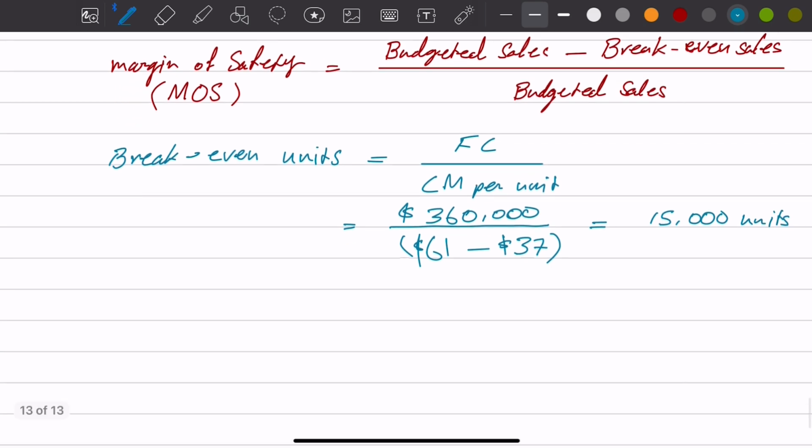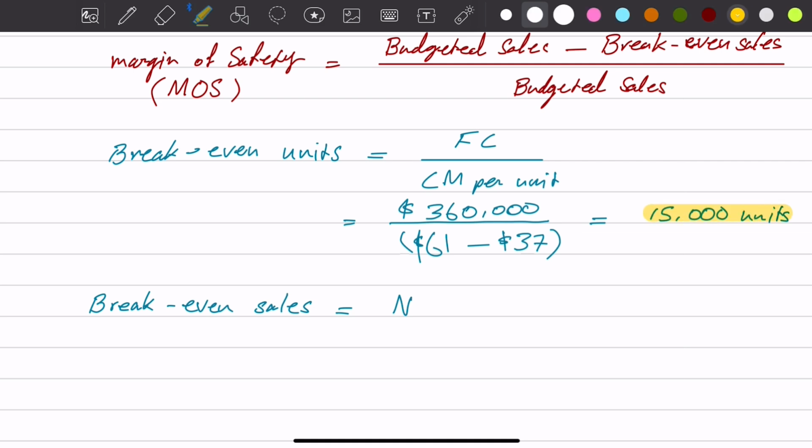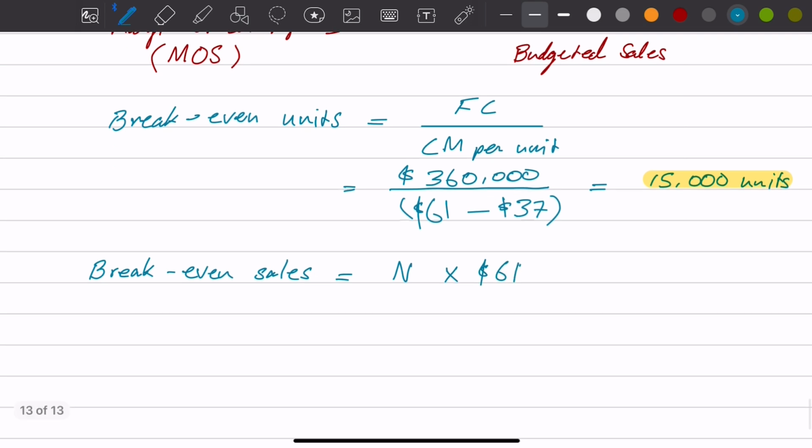Okay. From there, we can figure out the break-even sales, which we need for the margin of safety formula. And that's going to be N, or the break-even quantity, which we just calculated, multiplied by the selling price, which is $61, right?